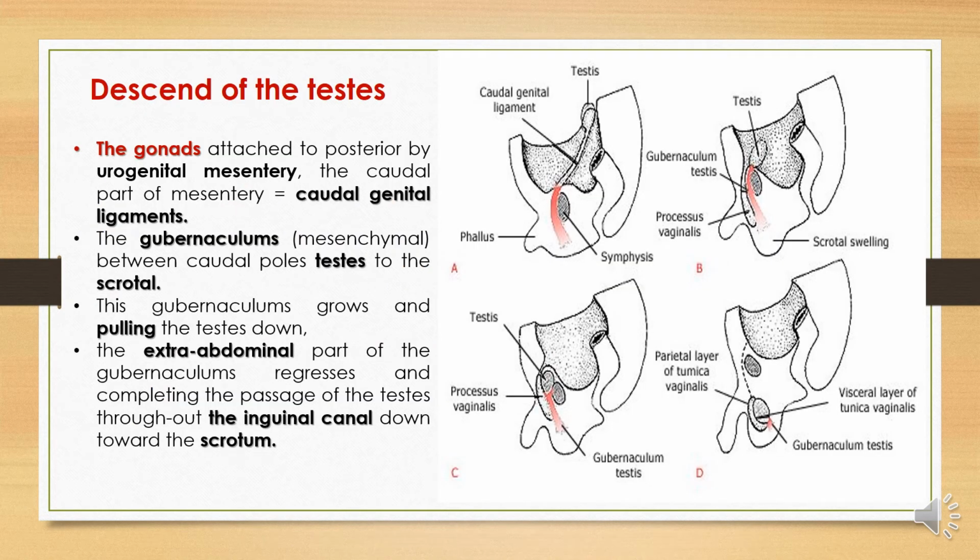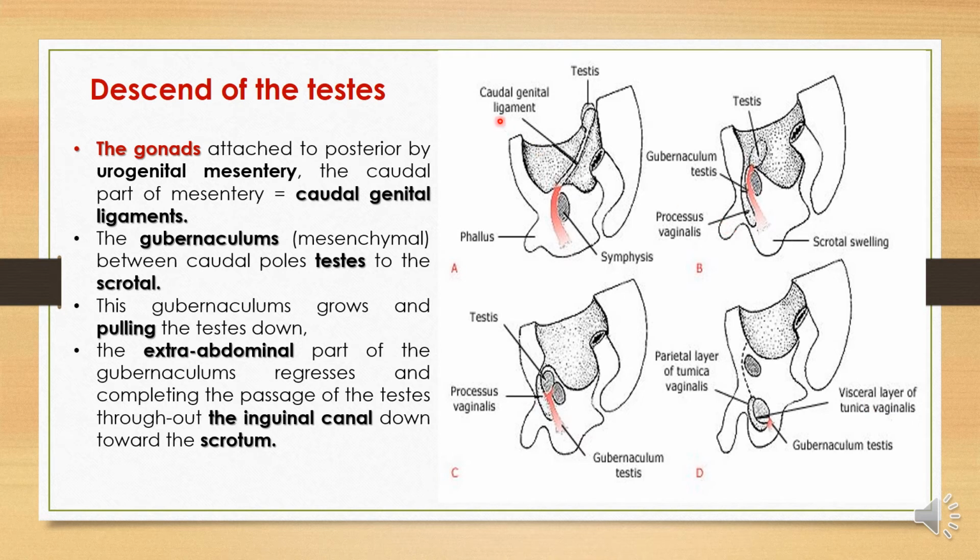Now, descent of the testes. At the end of the 2nd month, the urogenital mesentery attaches the testes and mesonephros to the posterior abdominal wall. The caudal part of this mesentery is called the caudal genital ligament.